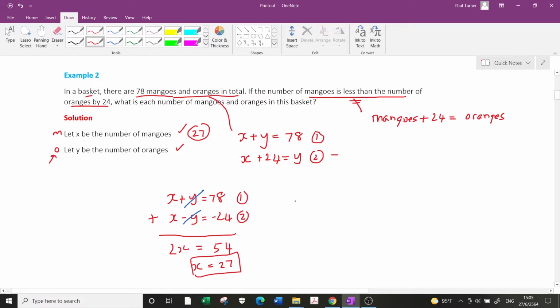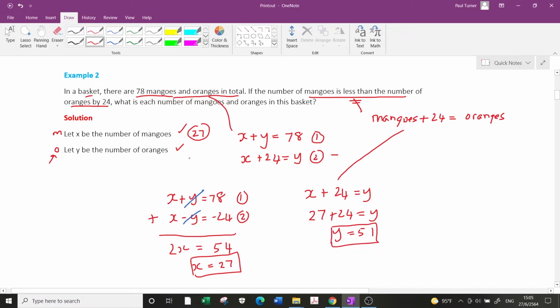And so for the number of oranges, we could have x plus 24, which is y. I'm just using that equation there. So x is 27. So 27 plus 24 is y. In this case, y equals 51.